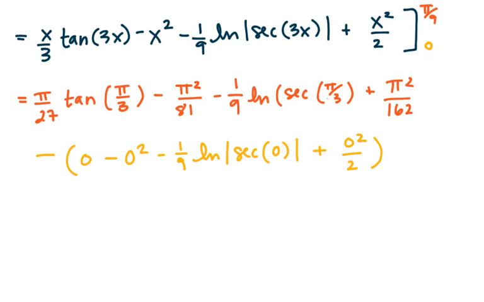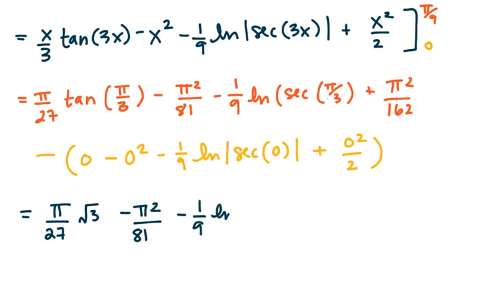So now we look at simplifying this. Pi over 27, tangent of pi over 3 is root 3, minus pi squared over 81, minus 1/9 natural log, secant of pi over 3 is 2. So at pi over 3, my cosine value is 1/2. Secant's reciprocal, that would be 2. Plus pi squared over 162.